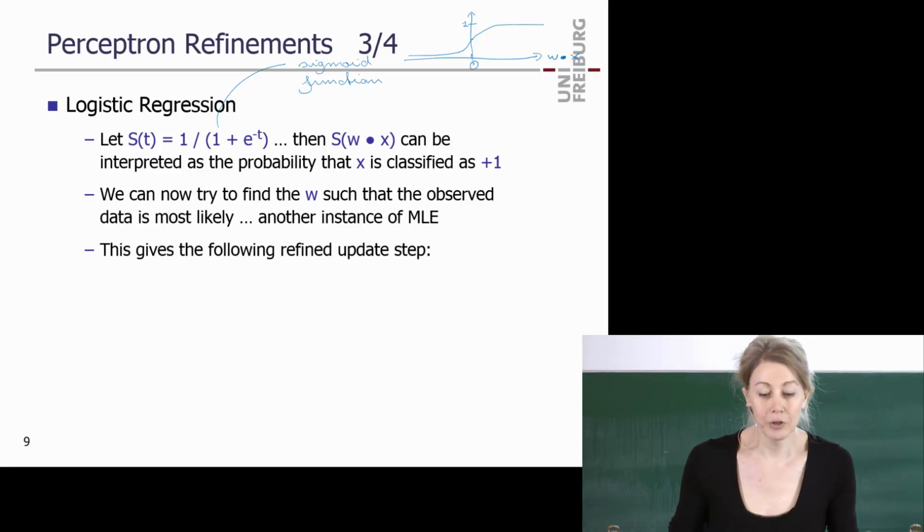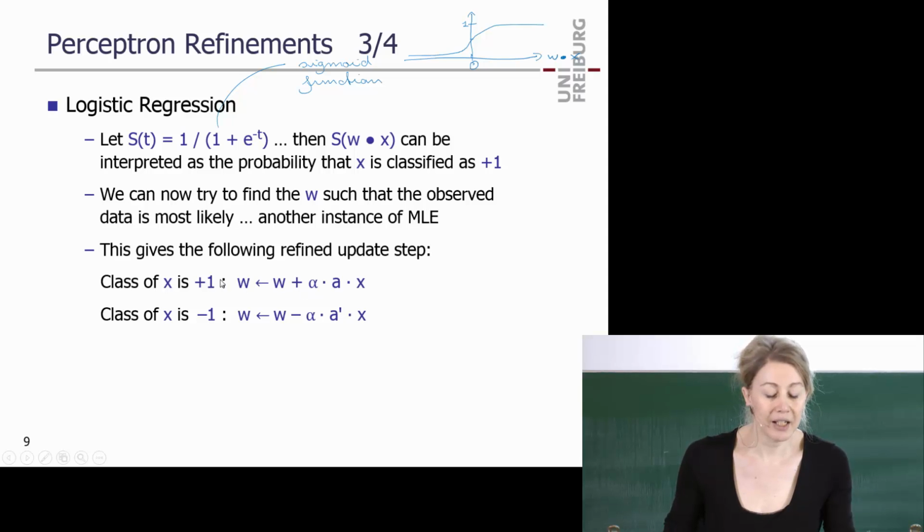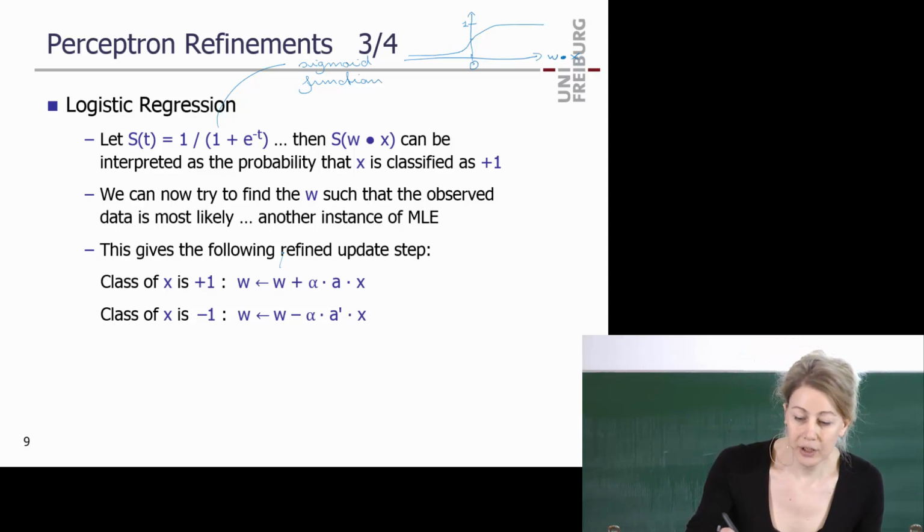I won't do it now, and this gives you a more rigorous way of deriving these update steps. For the simple perceptron, we just had, if this is the class and you mispredicted, just add x or subtract x, right? Here I should say, without loss of generality, B is 0.